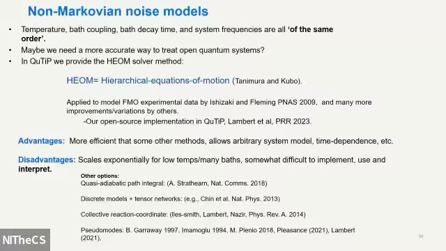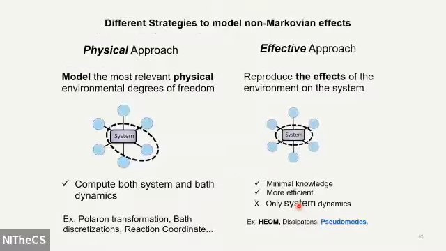I had a question on that. If you go back, you had a slide where you were comparing different types of strong coupling approaches schematically. Is it actually the case that things like polaron transformations are more efficient than reaction coordinate?